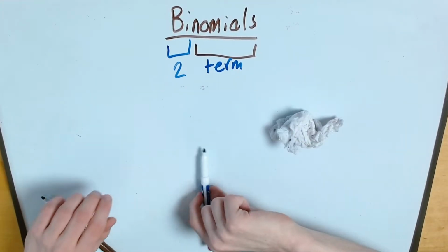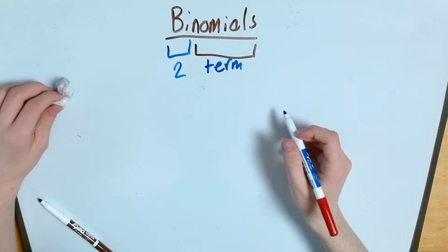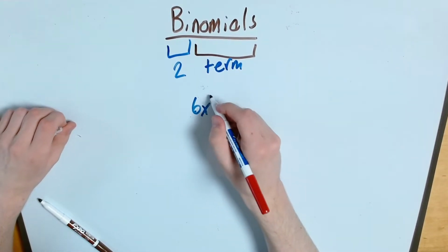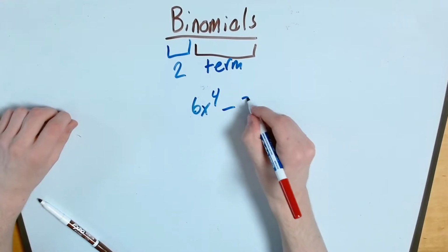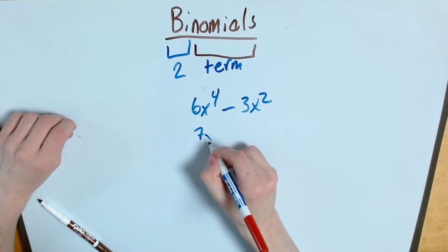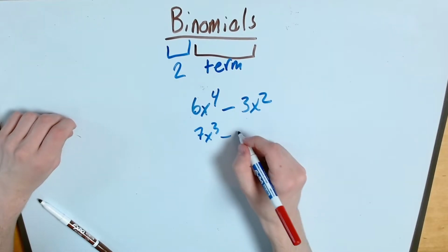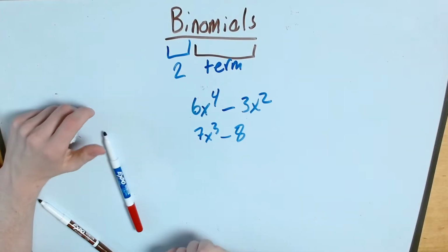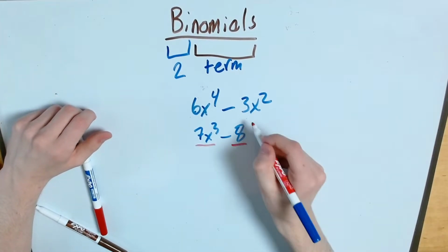So, for example, one possible binomial we could have is 6x to the 4 minus 3x squared, or 7x cubed minus 8. These are all binomials. They all have two terms.